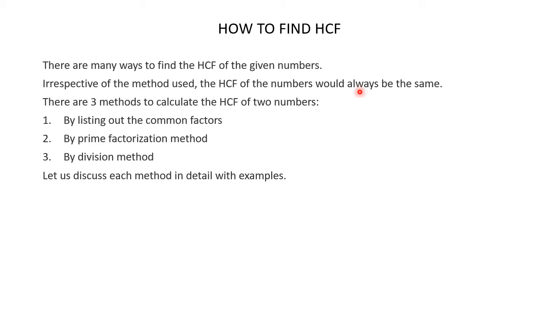There are three methods to calculate the HCF of two numbers. They are by listing out the common factors, by prime factorization method and by division method. We'll discuss each method in detail with examples.